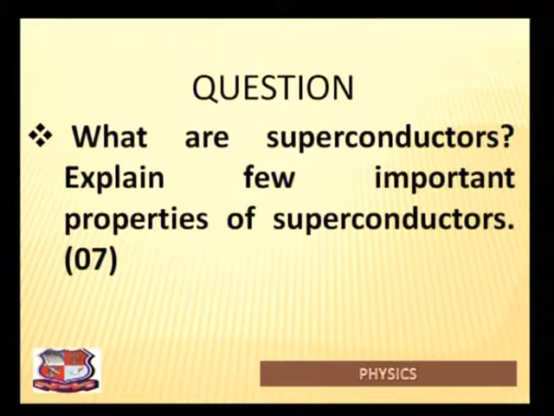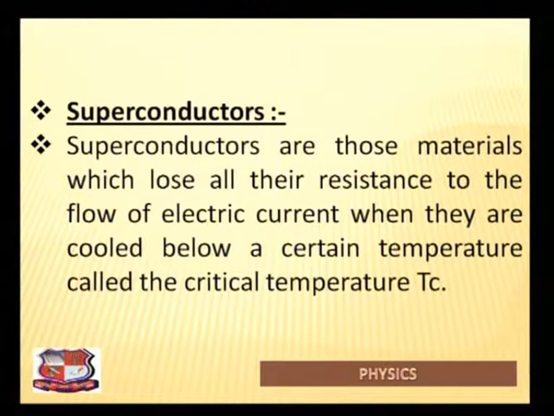Next question. What are superconductors? Explain a few properties of superconductors. This question belongs to the superconductor unit. What are superconductors? First of all, you have to give the definition of a superconductor.